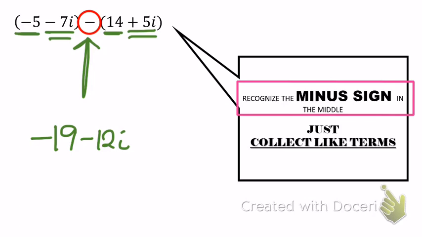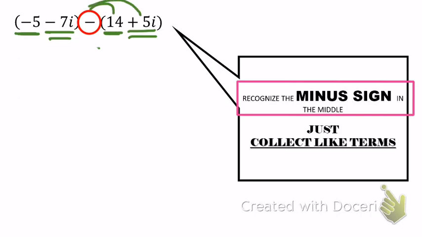Sometimes what people like to do, and this could help those people, is they will take this negative and distribute it in. So we end up with negative 5 minus 7i minus 14 minus 5i.